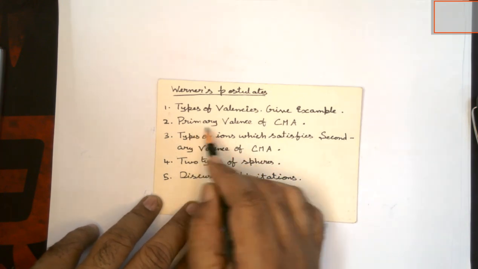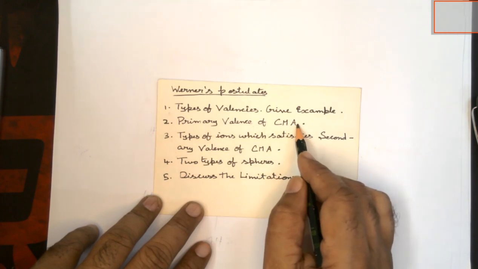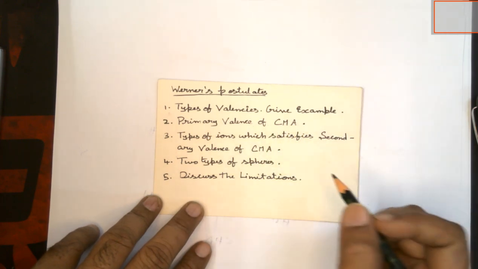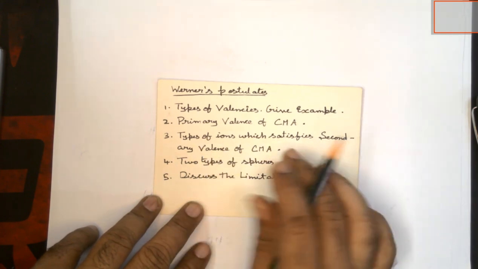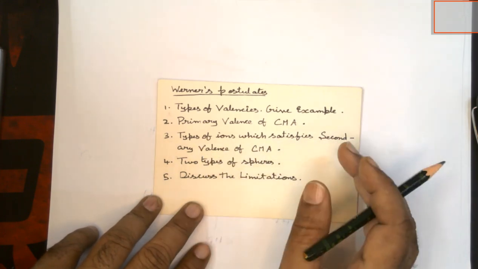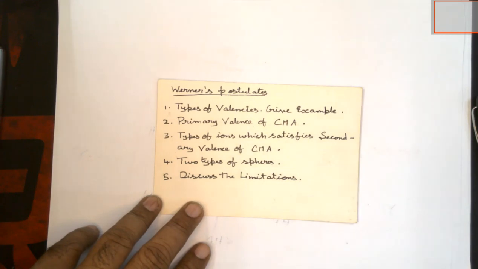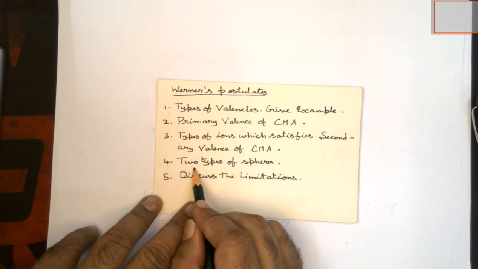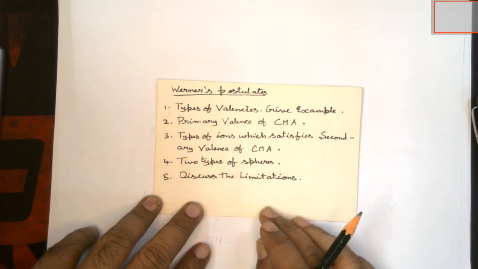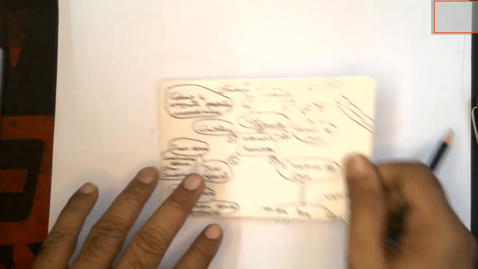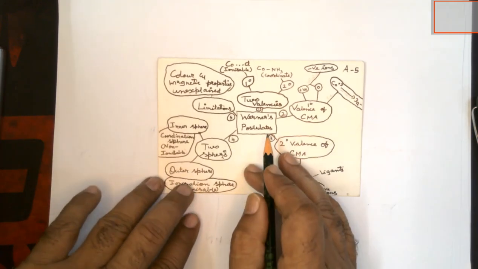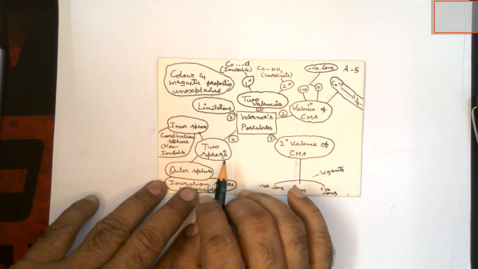There is a primary valency in the central metal atom, and there are types of ions which satisfy the secondary valency also, so that we had to decide whether it is ionizable or not. And we were discussing 2 types of spheres. What are those? Inner sphere and outer sphere. Now let us explain in detail about Werner's postulates.